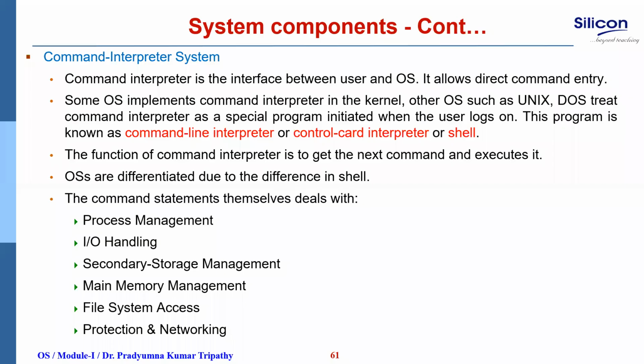These command statements are related to process management, input output handling, secondary storage management, main memory management, file system and access protection, and network. That means all the functions of the system components we have read till now, all the related commands can be executed through the command interpreter. It just provides a means through which we give the commands and get the output over there.